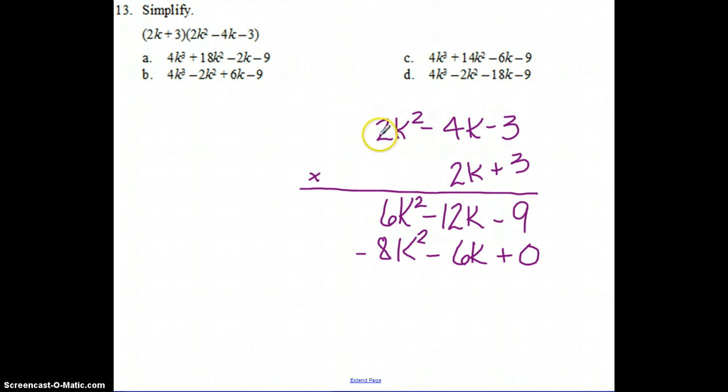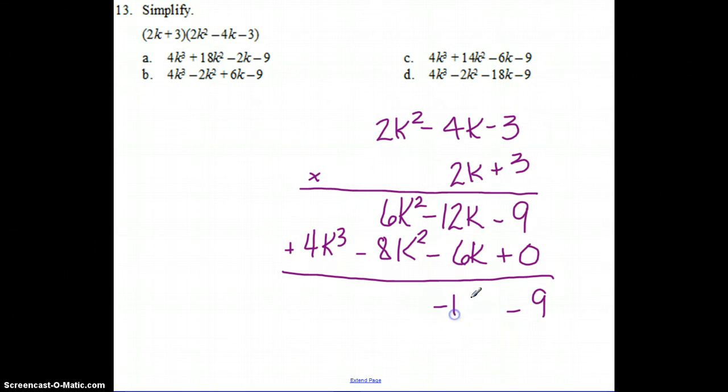And 2k times 2k squared is going to be 4k cubed. So if I draw my line and start totaling my columns, so 4k cubed minus 2k squared minus 18k minus 9 is going to give us D as our answer.